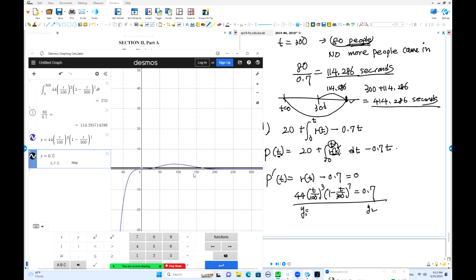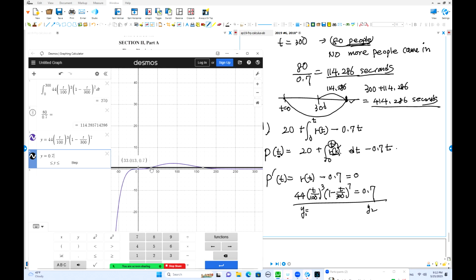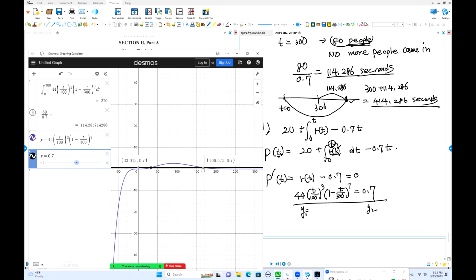Okay, we have 2 points over here. Here and here. That's the P prime, okay? To find this one. But this r(t) minus 0.7 at this point is what? 0.7 is above this one, okay? That is negative. Are you okay with this? I'm going to make a graph of this one. The graph looks like this one.